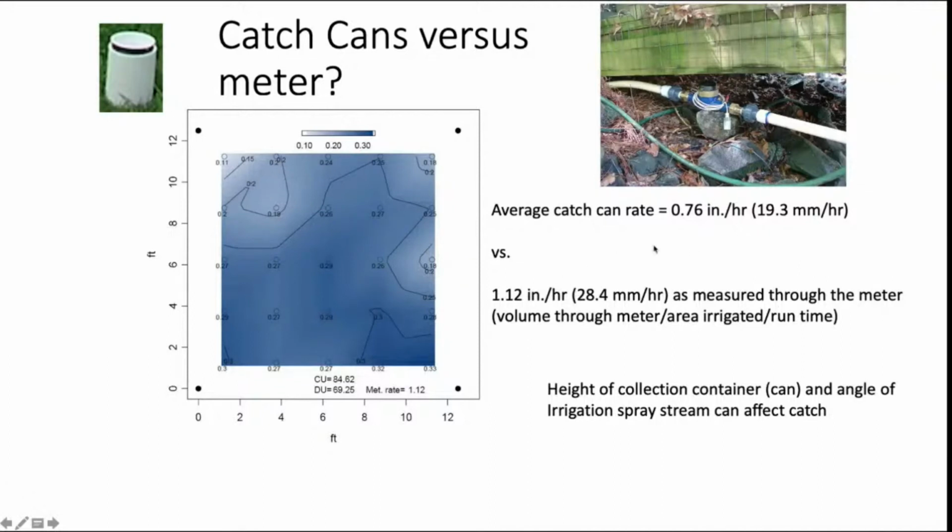In this case, it was about 50% higher measured through the meter than we caught in the cans. So that's just another thing to be watchful of. The height of the can versus the height of the stream and how it's falling can affect your measured precipitation rate.